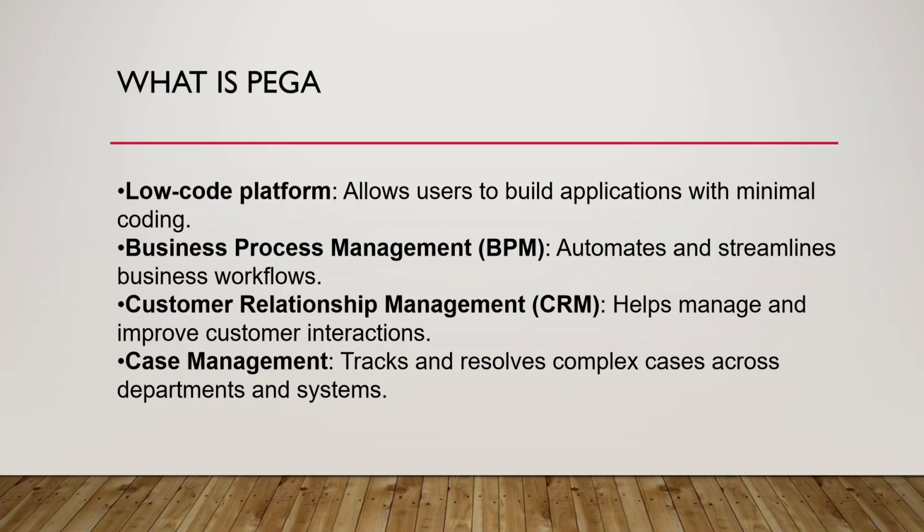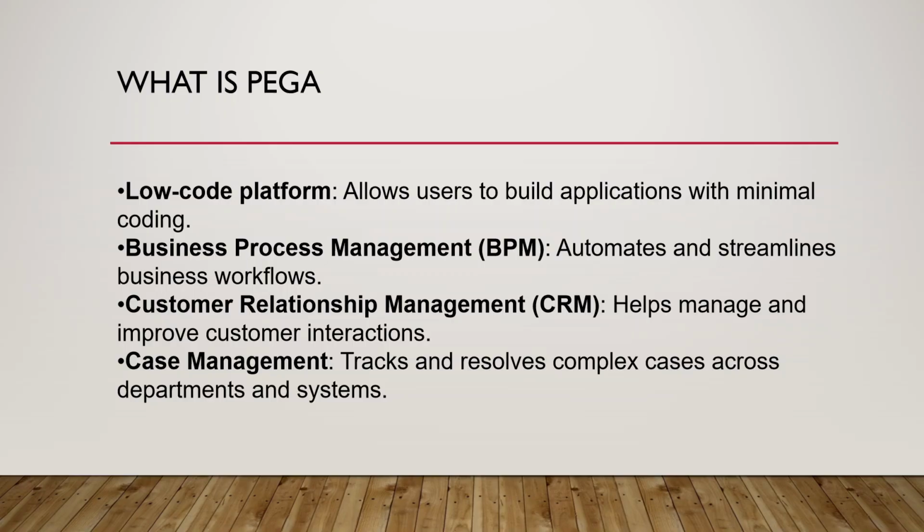If it is rejected, then you will get a rejection mail. So email integration is possible in Pega. Not only email integration, you can integrate anything that you want with a third party system. So it helps to manage things very easily in a business. That's the reason why Pega is called a business process management tool. You can automate things very easily and it helps to solve business problems very quickly.